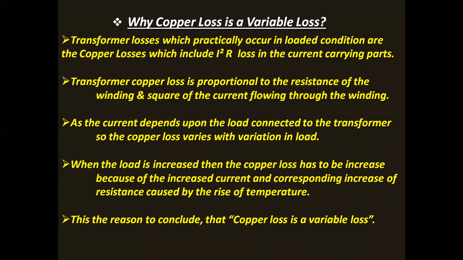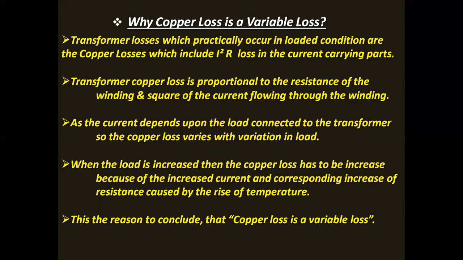Why is copper loss a variable loss? Number 1, transformer losses which practically occur in loaded condition are the copper losses, which include I square R loss in the current carrying parts. Number 2, transformer copper loss is proportional to the resistance of the winding and the square of the current flowing through the winding.